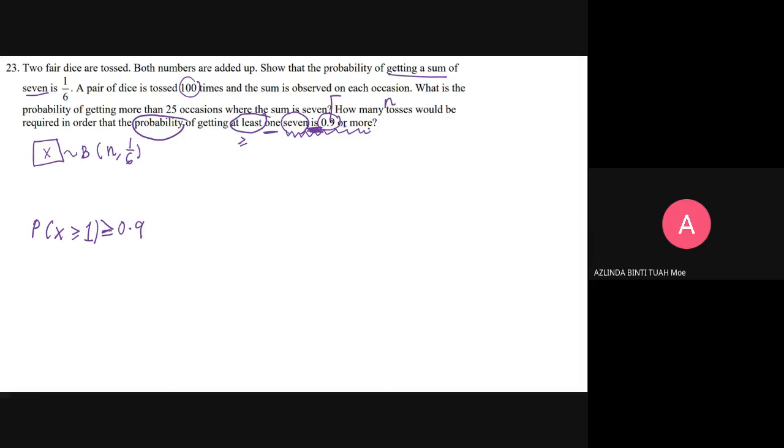There it has greater than or equal to. The bottom one comes from the word is, and the top one comes from the word more. Okay, so this is subtopic 10.1, binomial distribution.